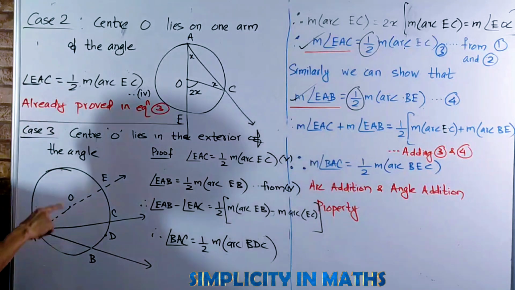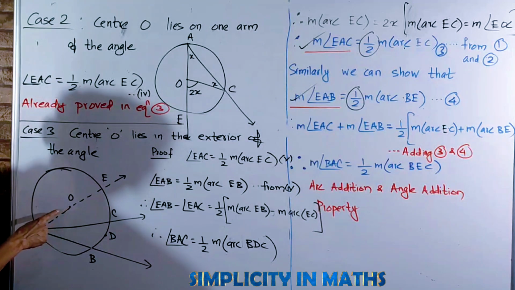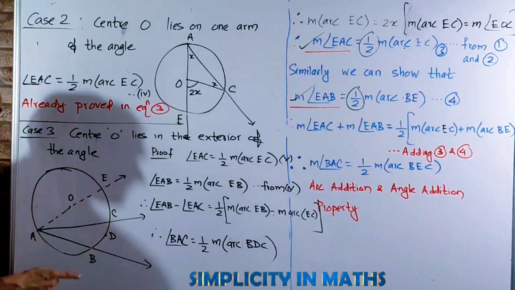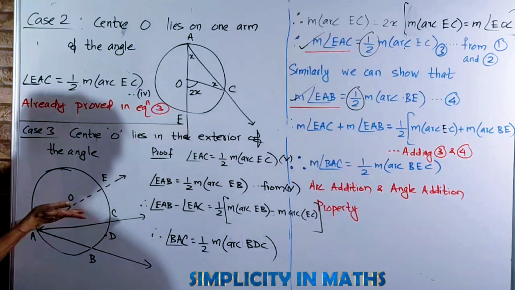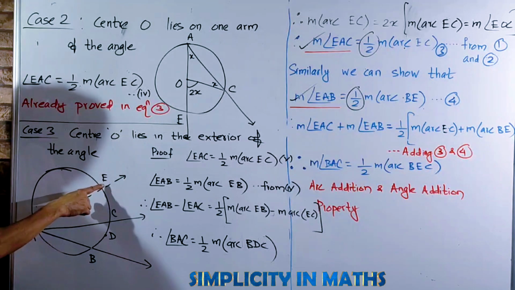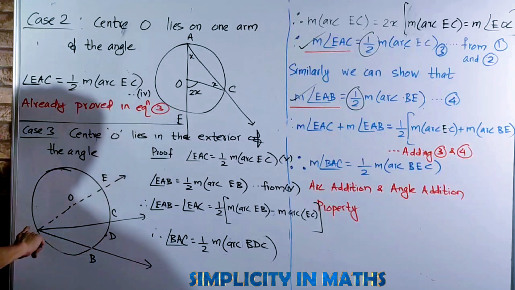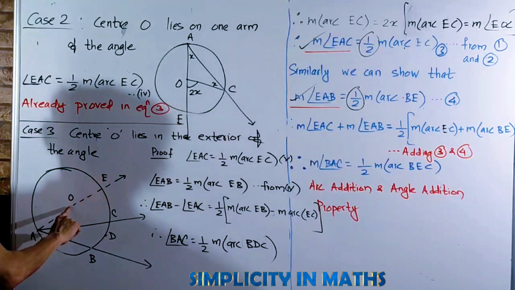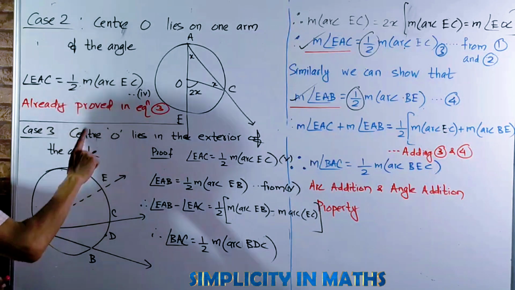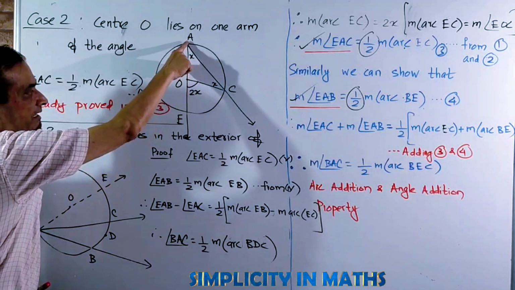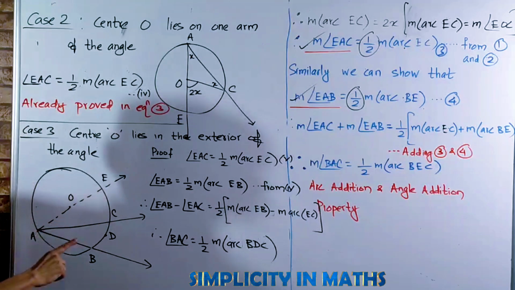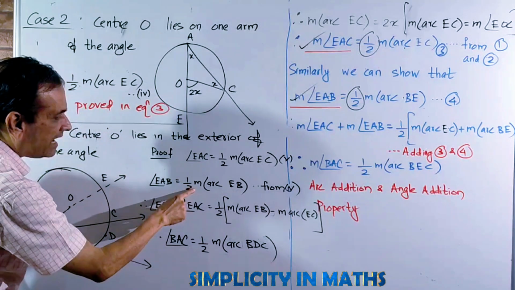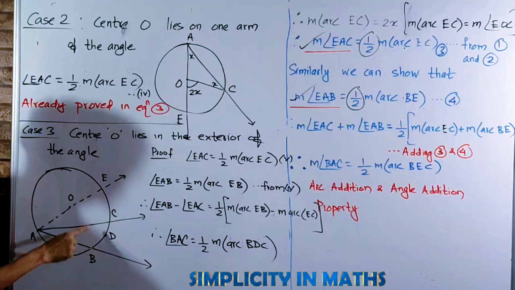Because in case 2, when the center lies on one arm of the angle, the inscribed angle is half the intercepted arc. The center is outside angle BAC, but if we consider angle EAB, AE is one arm, so the center lies on that arm. So based on case 2, when the center lies on the arm, we get angle EAB is equal to half the measure of arc EB, similar to this.